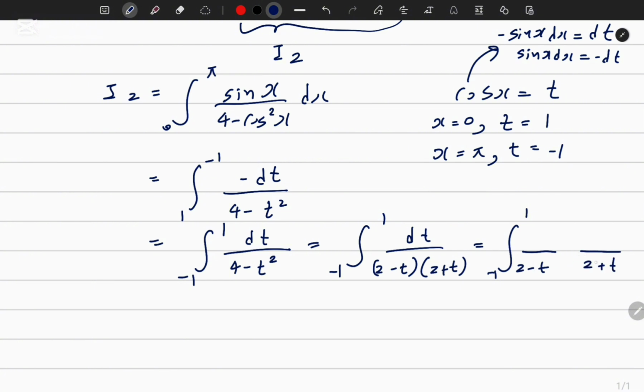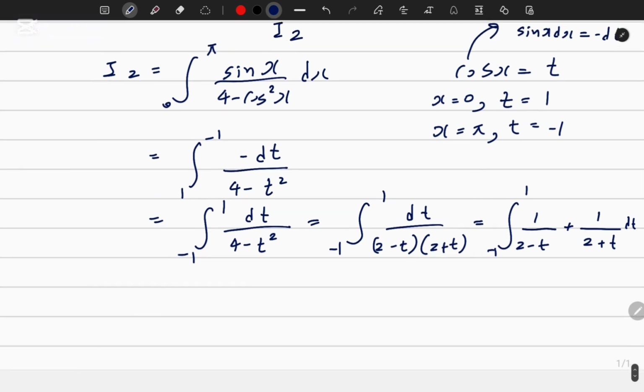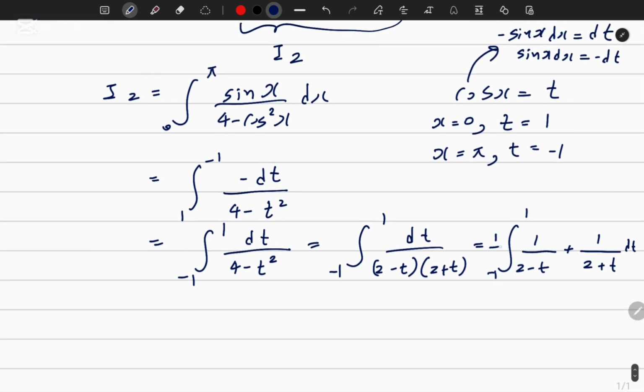When I add these together, I will get 4, right? There will not be any t terms, so I will add them. I will say this is 1 and this is 1, dt. When I add these together, I will get a 4 on the upper side. Because of that, I will divide by 4.